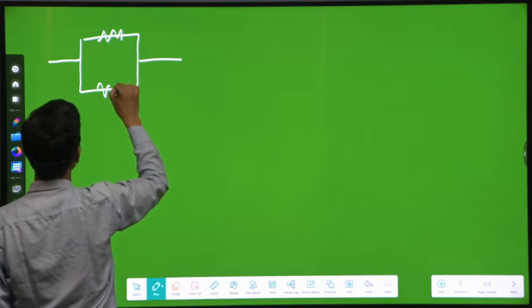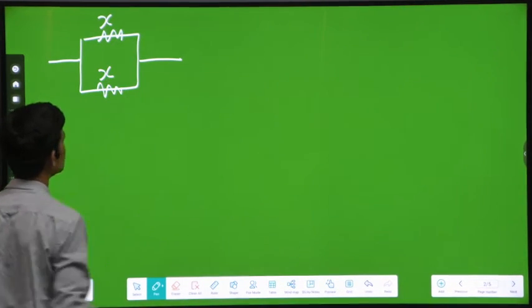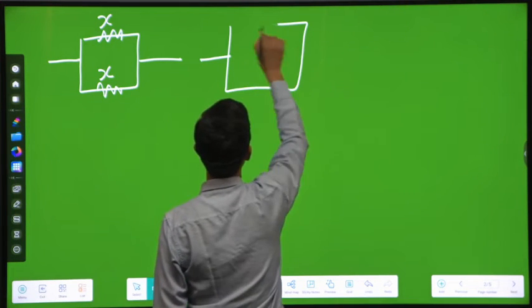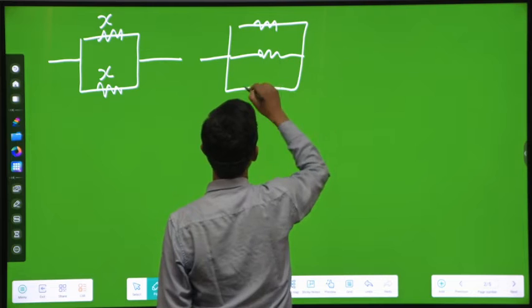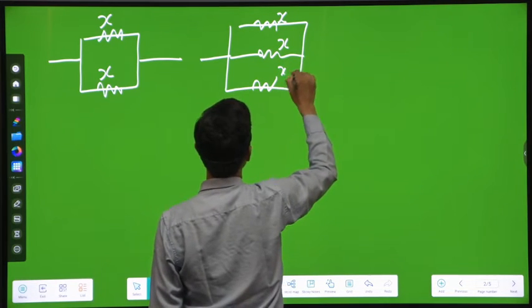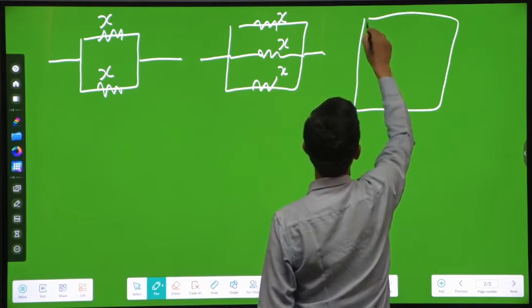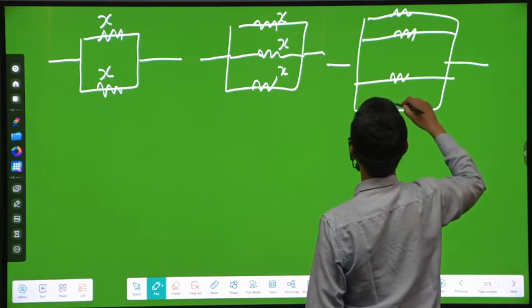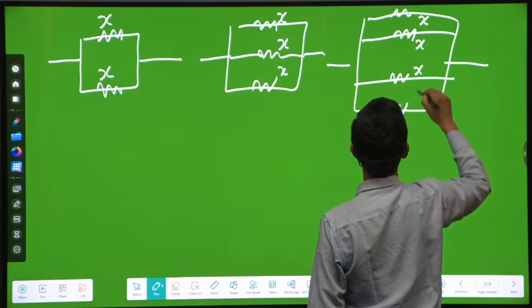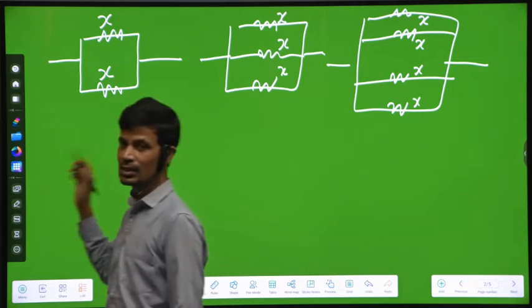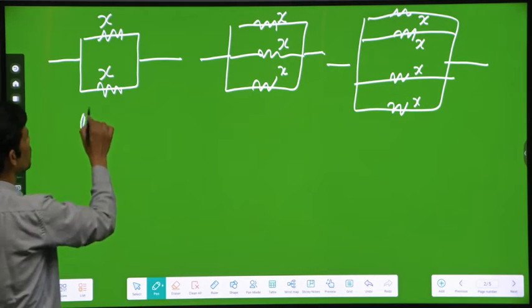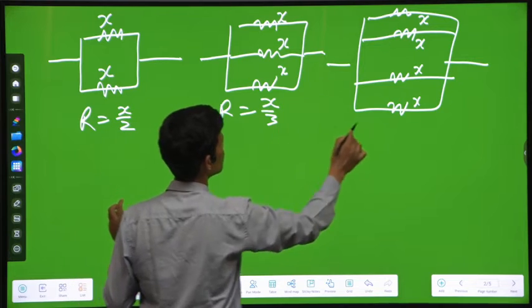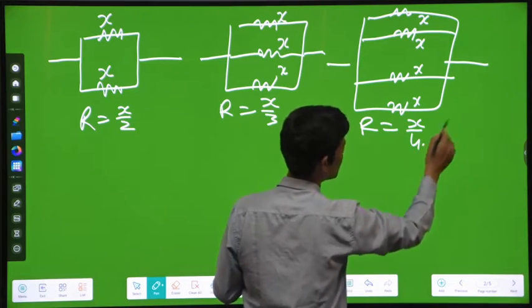If two resistors are in parallel, or three are in parallel, or four are in parallel, then their resultant is x by 2, x by 3, x by 4, and so on.